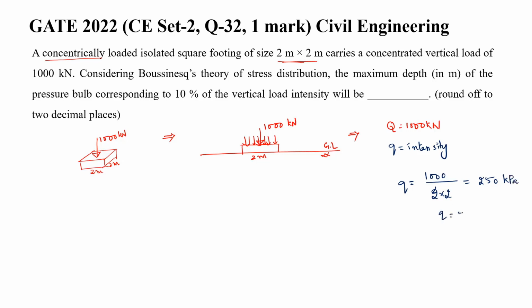So q is 250 kPa. This pressure is at ground level. Now, considering Boussinesq's theory of stress distribution, the maximum depth of the pressure bulb corresponding to 10% of the vertical load intensity. This is the vertical load intensity which is said in this question.